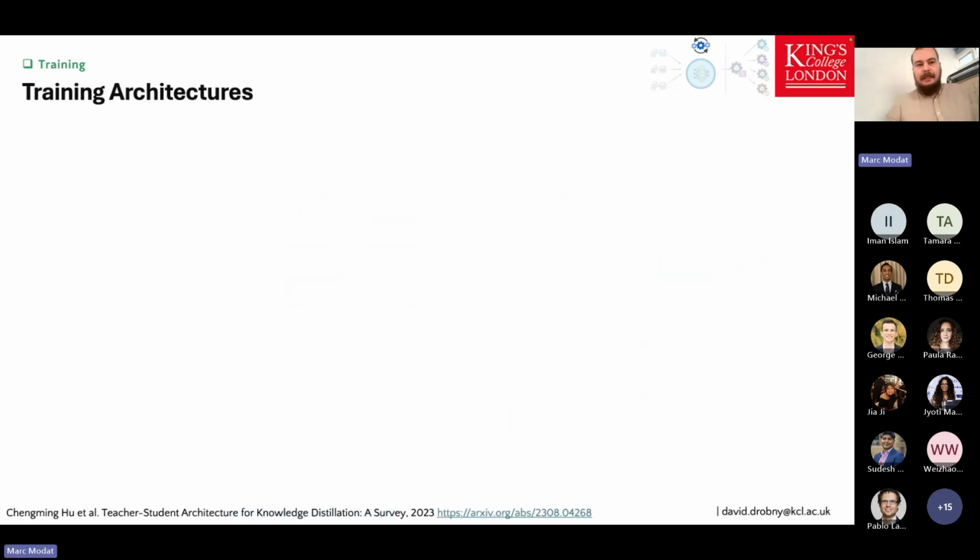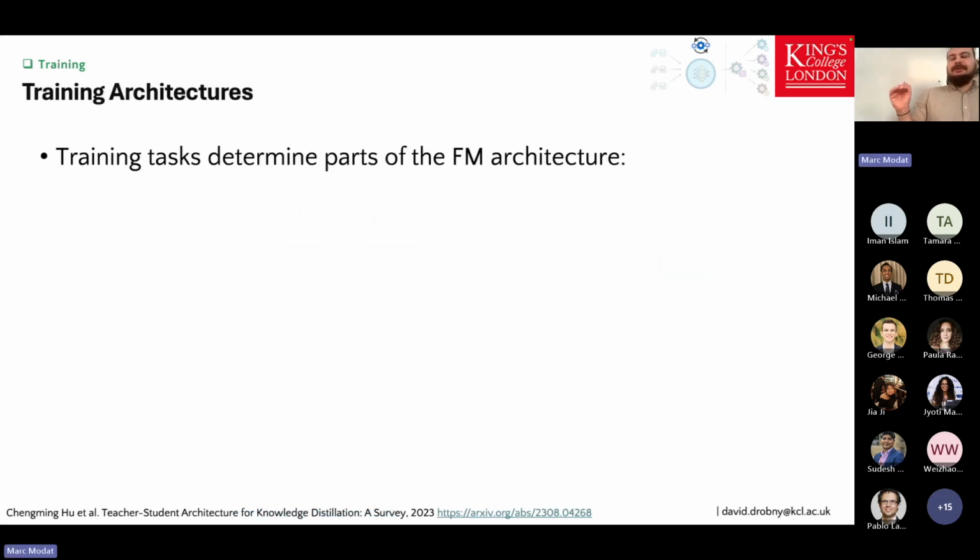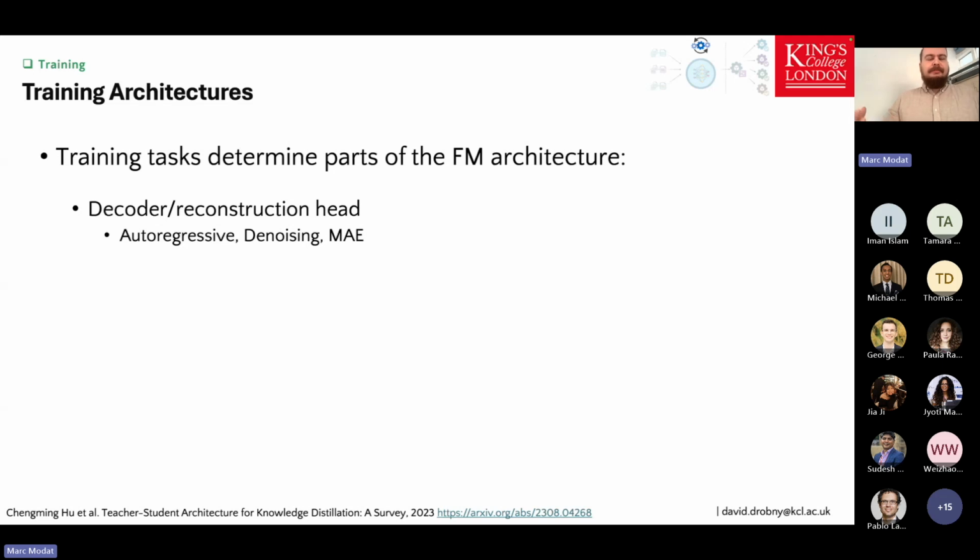Okay, the training that we choose to do impacts a bit of the architecture. Just as a brief note, usually the encoder is the most important part of our foundation model because we want this rich representation of our data. But then depending on our task, we also need some task-specific heads.